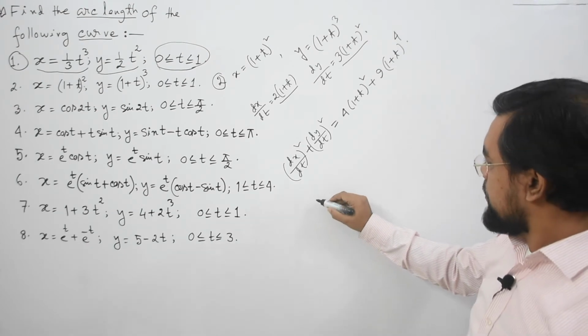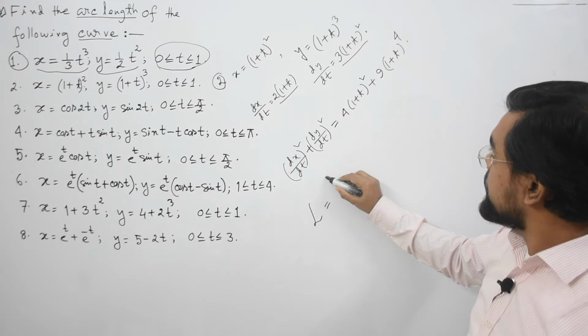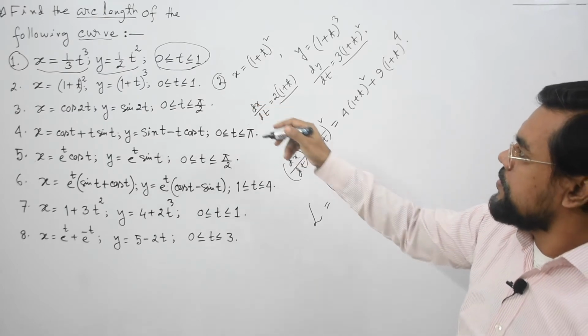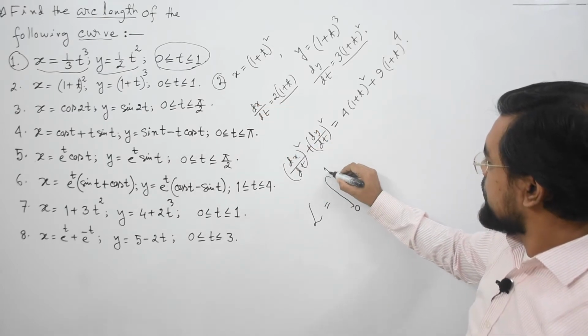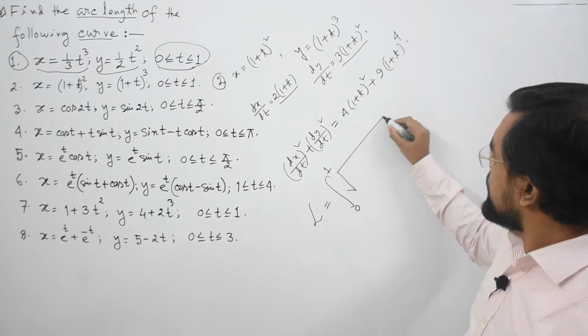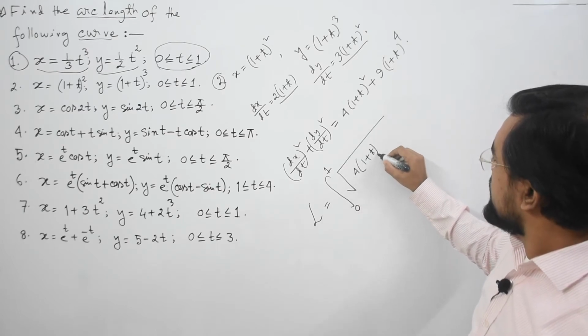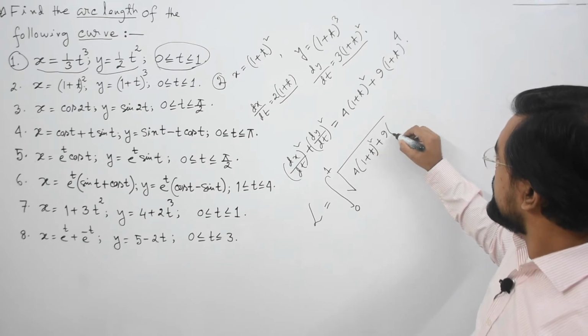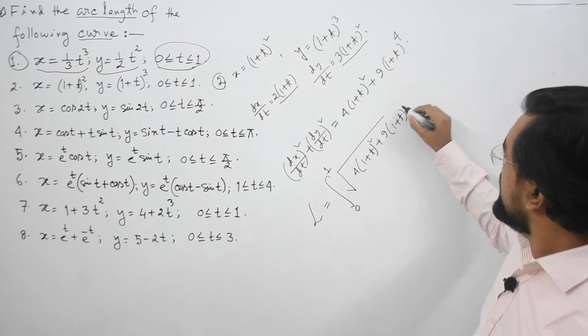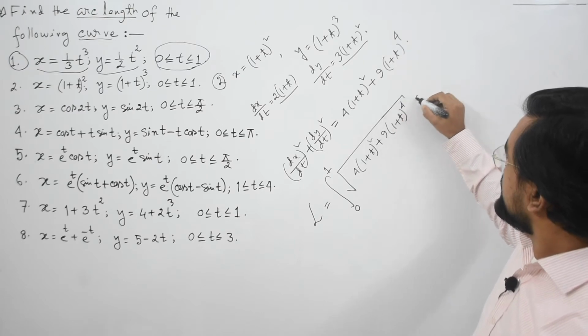And our arc length formula is this, and here t is again 0 to 1, so integral from 0 to 1 of the square root of 4 into (1 plus t) whole squared plus 9 into (1 plus t) whole to the power 4 dt.